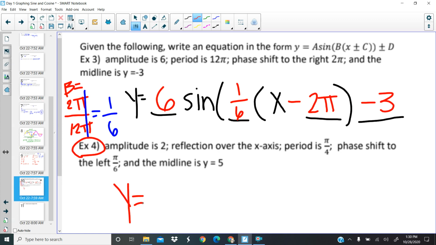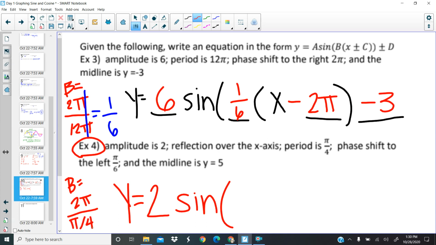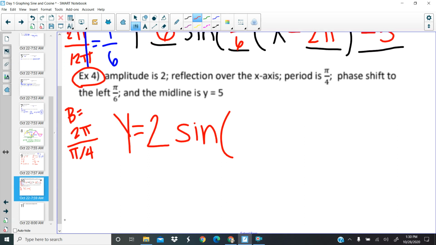So we're going to have y equals, and then we need a first, which is the amplitude, which is 2, times the sine of whatever our b value is. So b is going to equal 2 pi divided by the period, which is pi over 4. I'm going to scroll down here so that I can actually work that out.